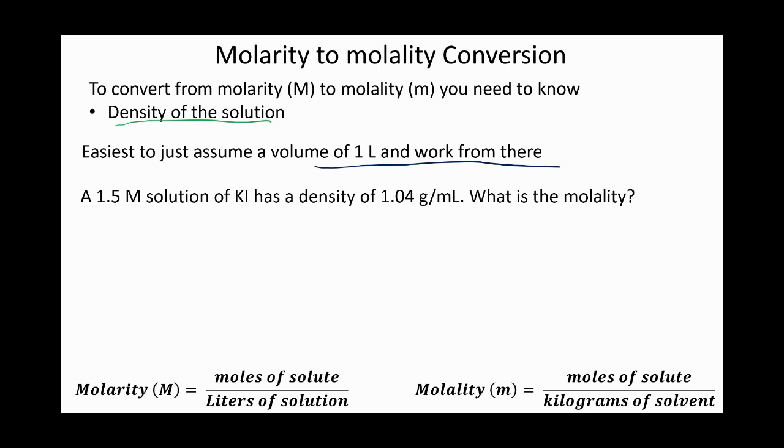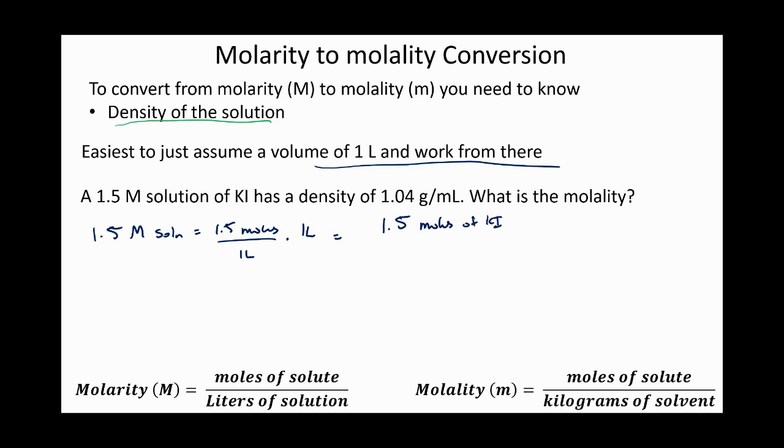We can say that we have a 1.5 molar solution, which is equal to 1.5 moles per liter. We multiply that by our assumed volume of 1 liter just to make the math easy. And we know that the solution has 1.5 moles of potassium iodide.